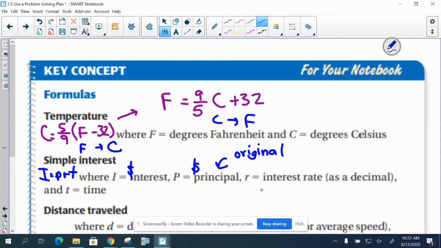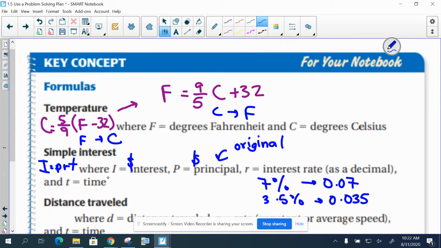So for example, if the interest rate is 7%, then you would write it as 0.07. If it's 3.5%, you would write it as 0.035. So always write your interest rate as a decimal, not a percentage. And then T is time in years or else specified in the problem.